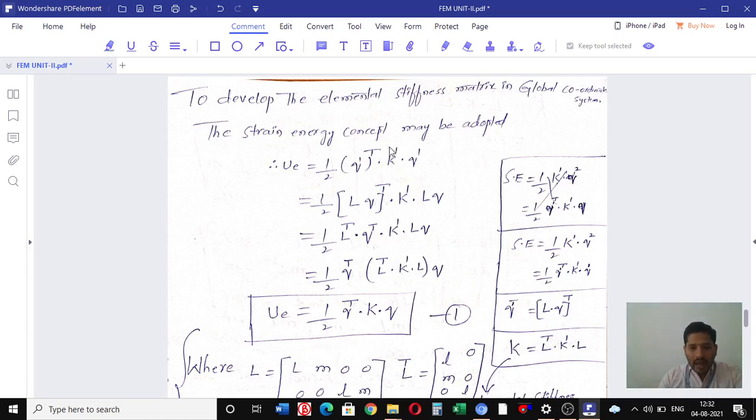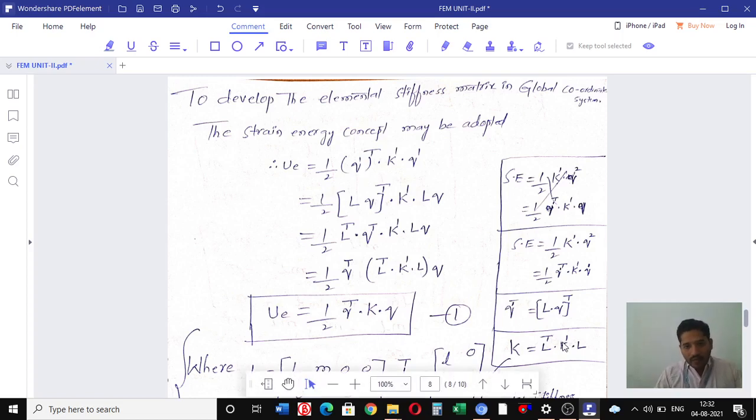What about Q dash? Q dash is nothing but the same, the local nodal displacement, and Q1 dash transpose is also the local nodal displacement.